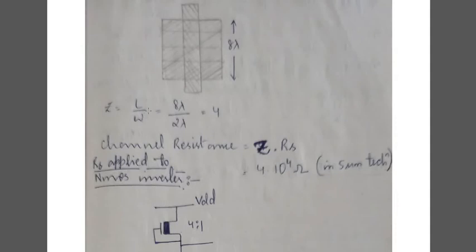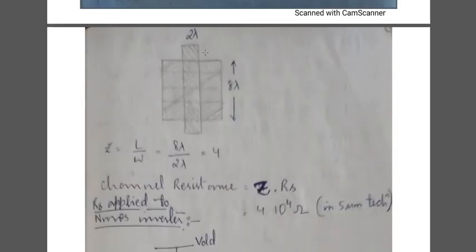You have to consider this. So what is the length? How many polysilicon layers are you having? 4 polysilicon layers, each of 2 lambda. So it is 8 lambda divided by the width, which is 2 lambda. So length divided by width gives us the ratio, denoted by Z, that is equal to L by W, which is 8 lambda divided by 2 lambda, and Z is equal to 4.